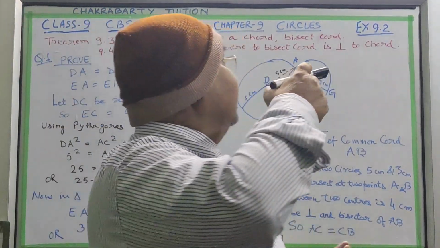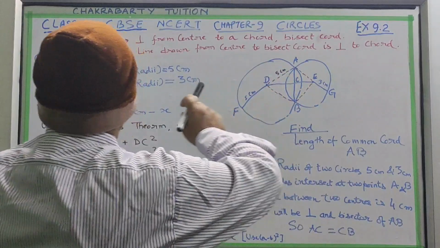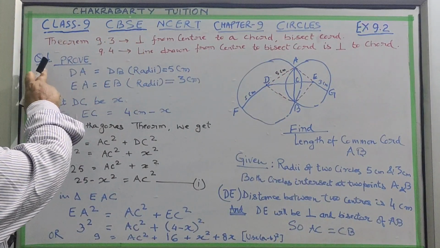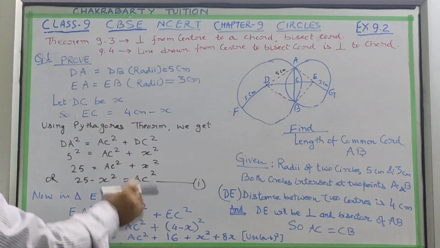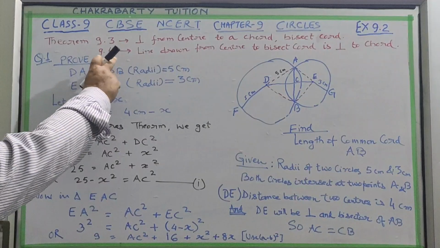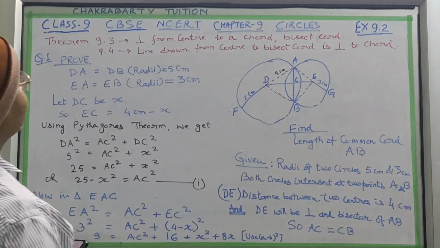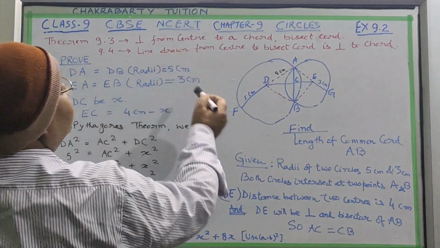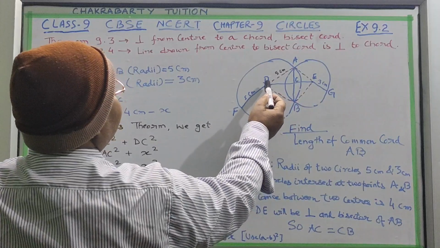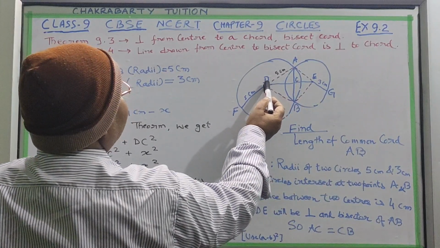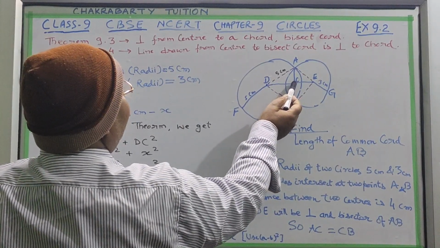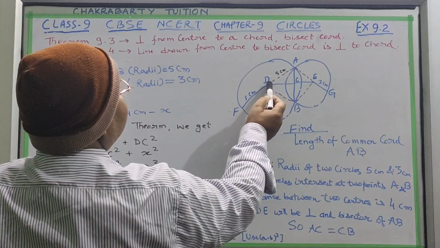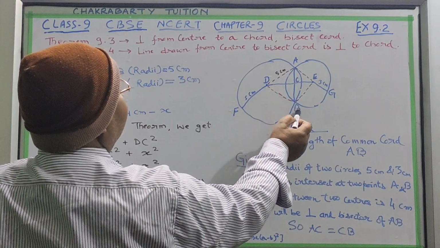Now exercise 9.2 question number 1 we are going to solve. These questions are based on theorem 9.3. What does theorem 9.3 say? A perpendicular from the center, like from here. If you draw a perpendicular, like DC is a perpendicular on AB.